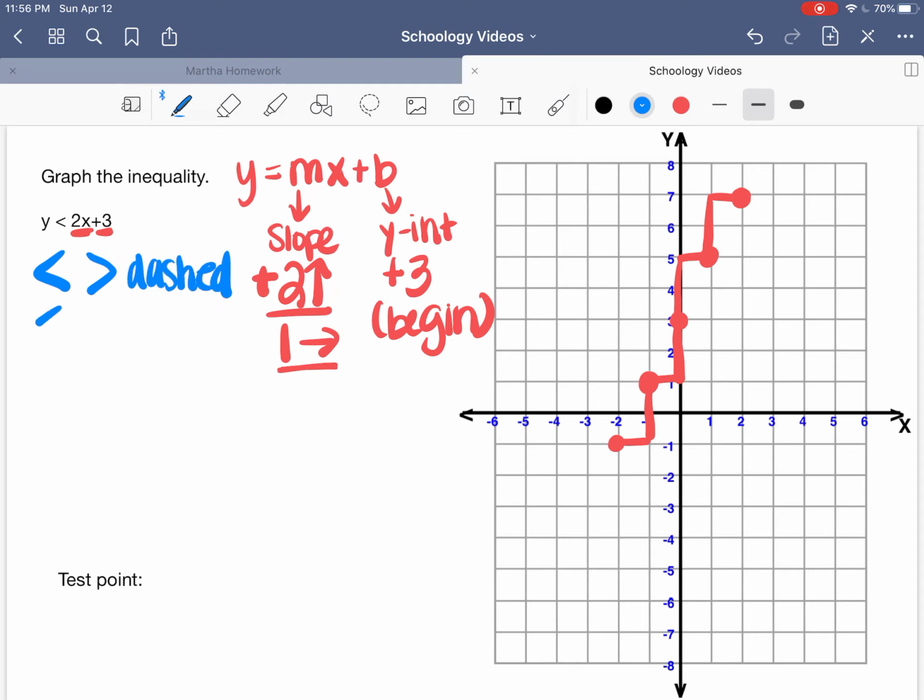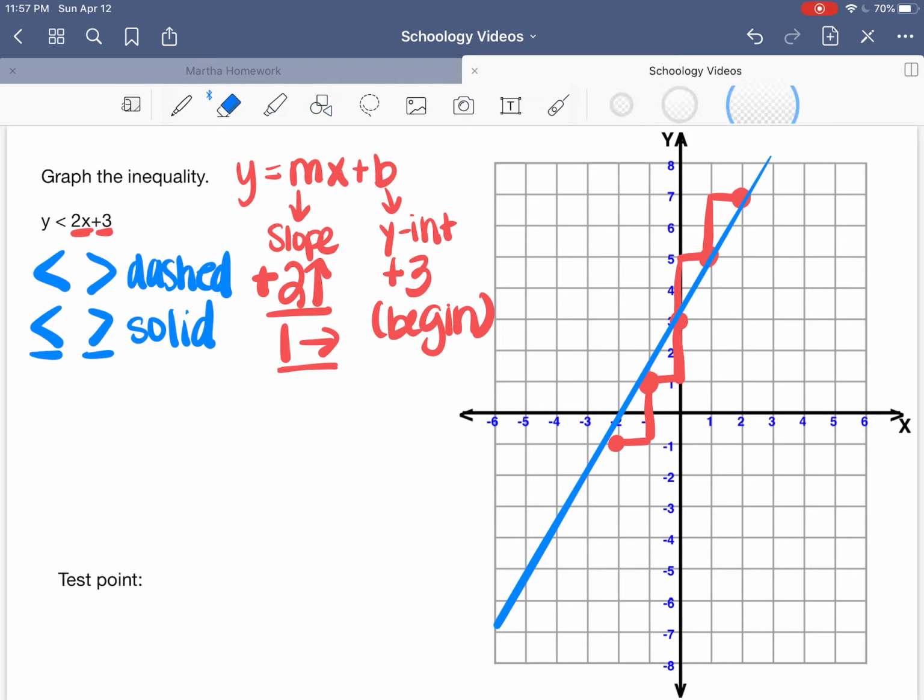If this was less than or equal to or greater than or equal to, then you would assume that it's a solid line that connects these dots. So here we're going to do a line that is dashed. Instead of being a solid line like this, you're going to make it dashed.